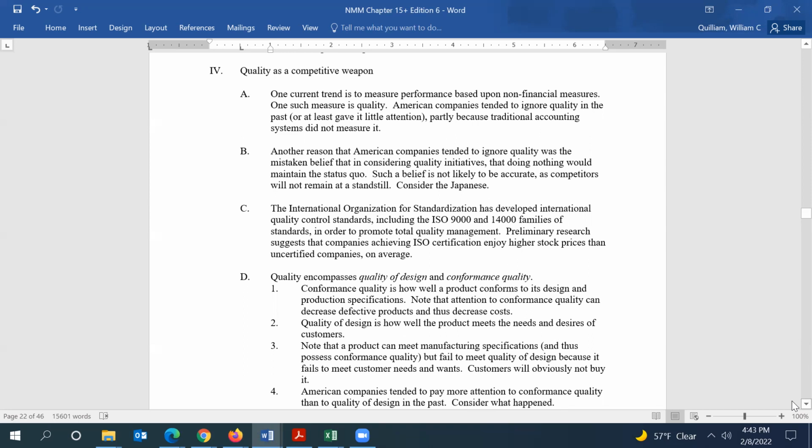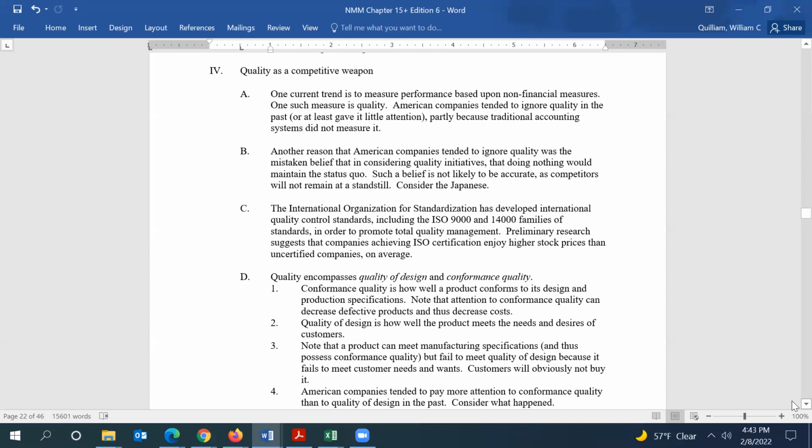Well, one interesting thing about quality is that one current trend is to measure performance based on non-financial measures. And one such measure is quality. Well, American companies tended to ignore quality in the past, or at least gave it very little attention, partly because traditional accounting systems did not measure it. So when it came to quality, well, there was no accounting number to crunch.